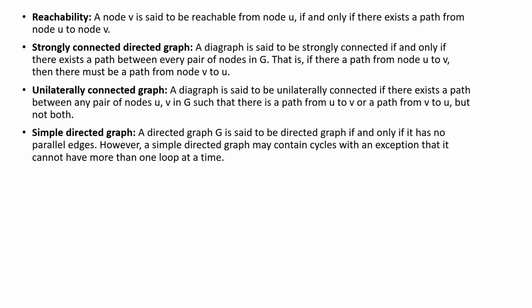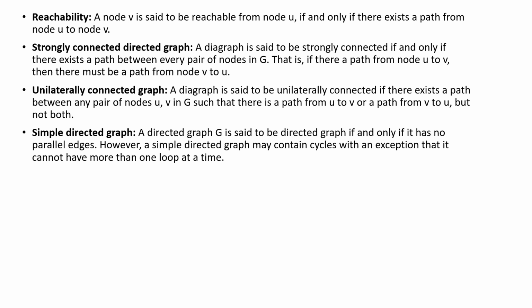So for that graph to be unilaterally connected, there should not be a path from V to U because there already exists a path from U to V. If there is a path from V to U, there must not be a path from U to V. In that case, we can say that the graph is a unilaterally connected graph.